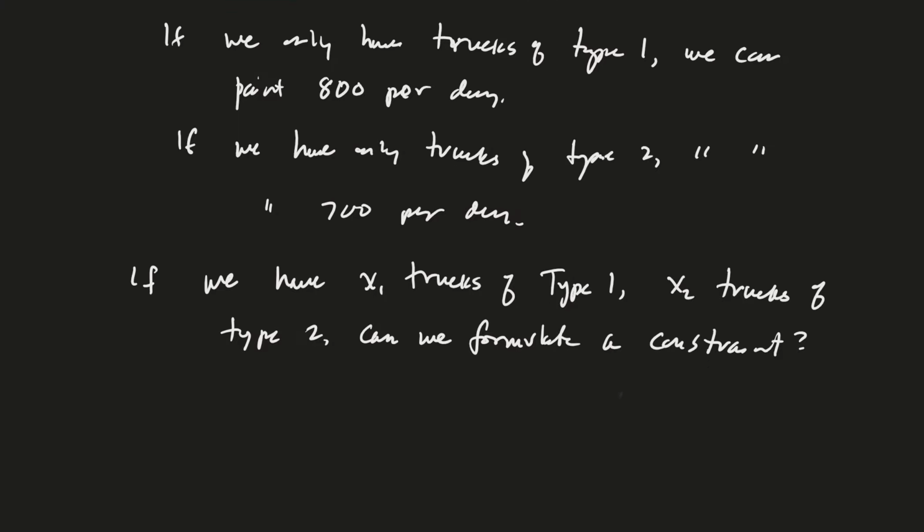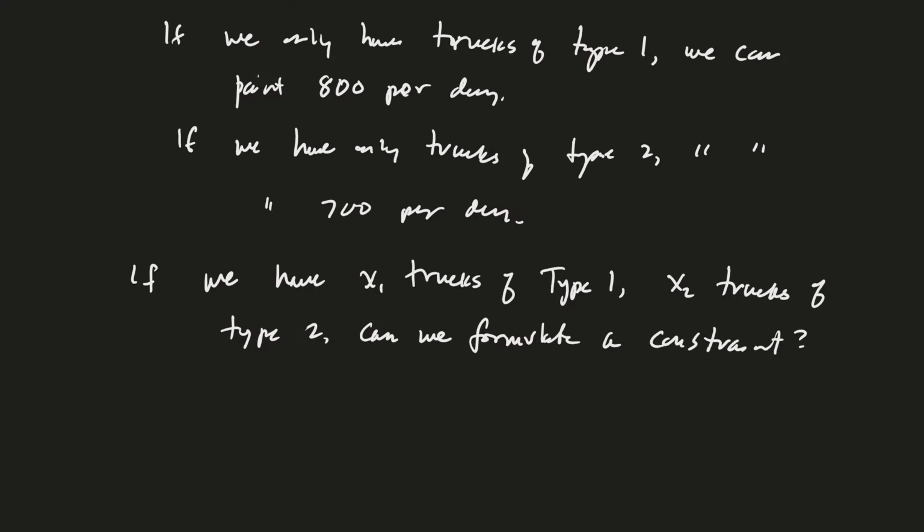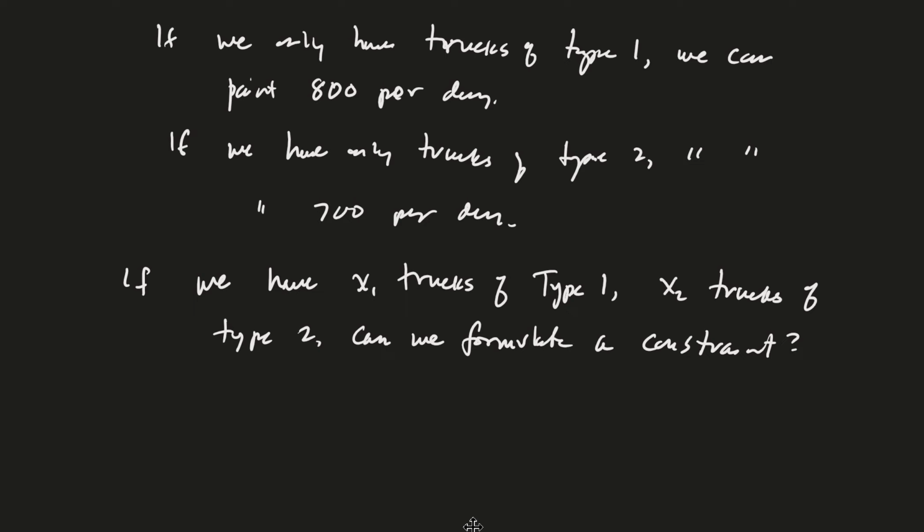So the constraint is going to be the percentage of trucks of type 1 plus the percent of trucks of type 2. And if I sum those together, I'm going to be getting a 1 for 100%.